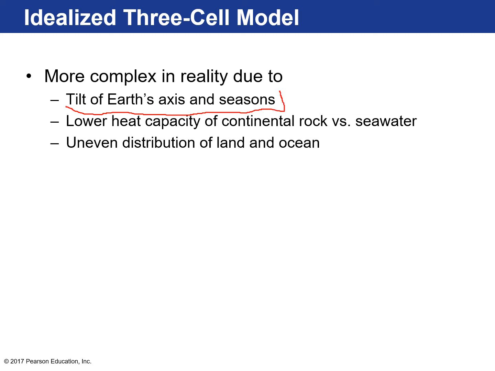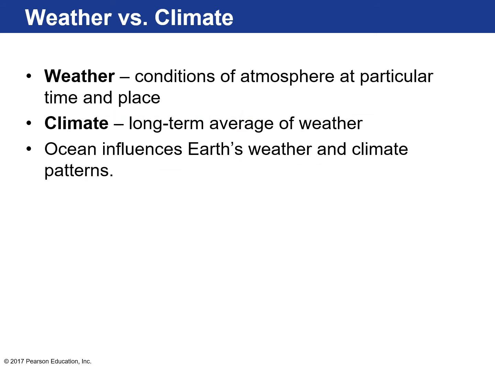I mentioned the lower heat capacity when you compare land to seawater. And then there's uneven distribution of land and ocean. For example, in the southern hemisphere there's a lot more ocean than land in comparison to the northern hemisphere, so that affects atmospheric wind belts. All right, so there's a difference between weather and climate.